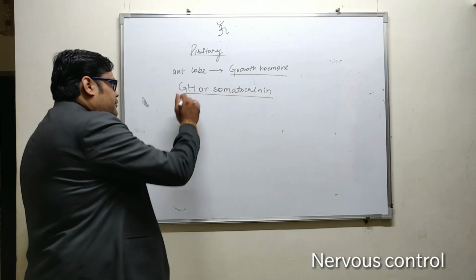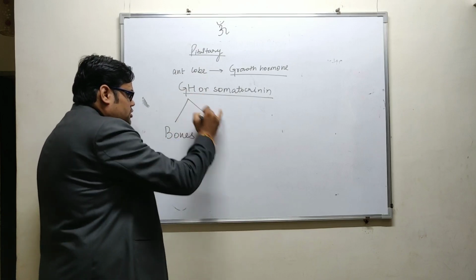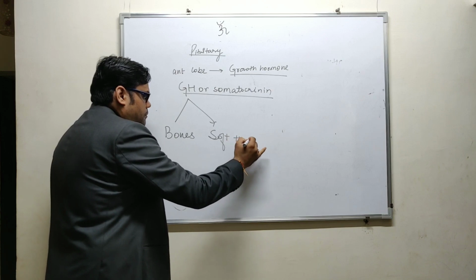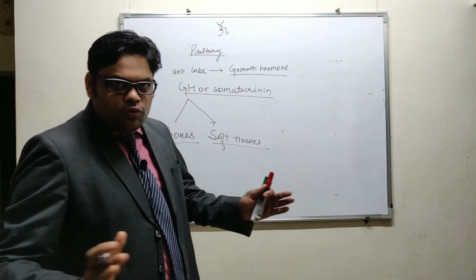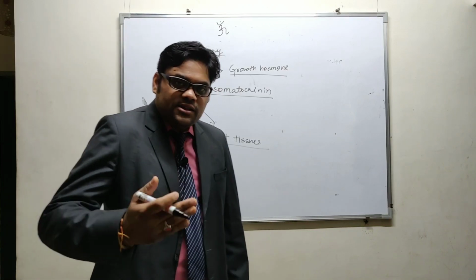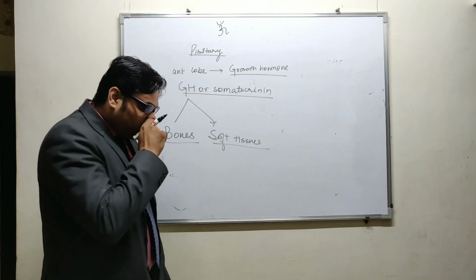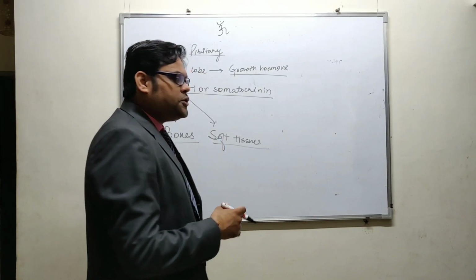The growth hormone functions on the bones and on the soft tissues. It increases the length of the bones, and it mineralizes the bone so that the bones become hard and stiff. It increases the rate of cell division in the soft tissues.